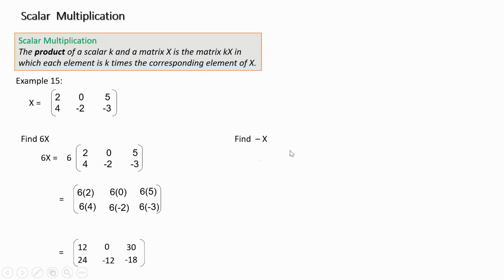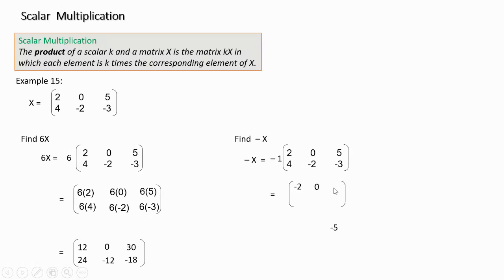Okay, now find negative X. Negative X is the same thing as negative 1 times matrix X. Like I tell my students, if you multiply by a negative, all you do is switch the signs on the matrix. Because negative 1 times 2 will give us negative 2. Negative 1 times 0 will give us 0.